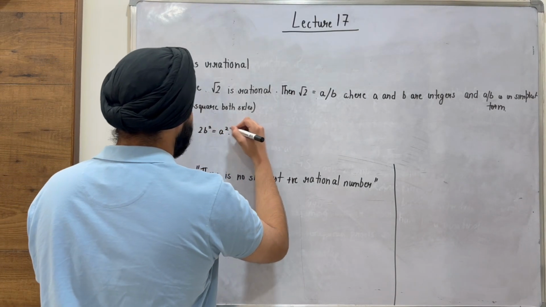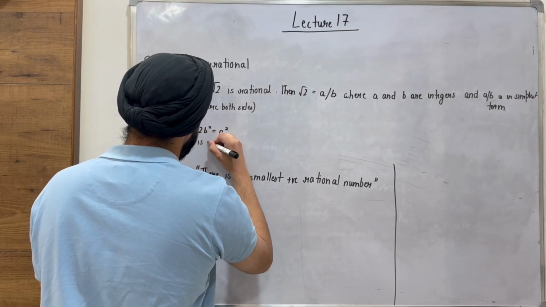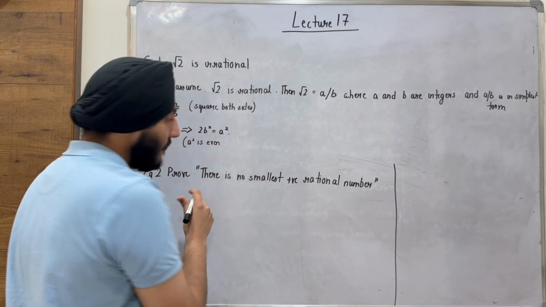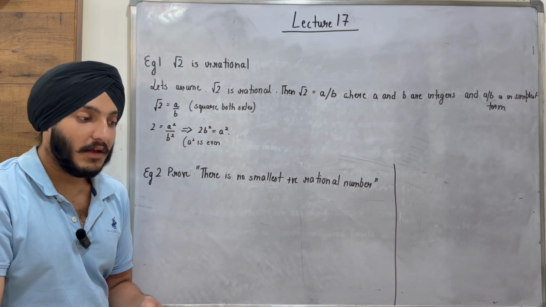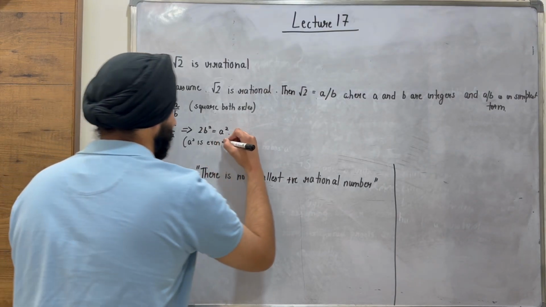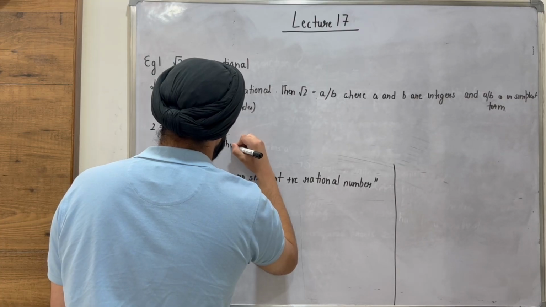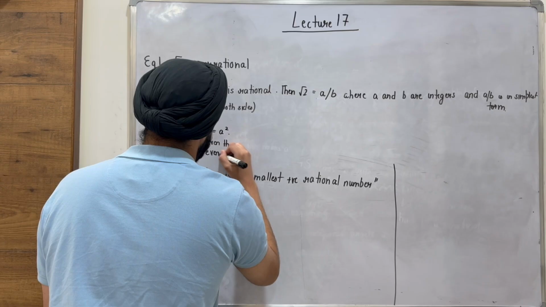So the conclusion is a square is even. And if a square is even, then think about it, right? Then a also has to be even. If the square value is even, then the original value also has to be even. Thus, a is even. Okay.